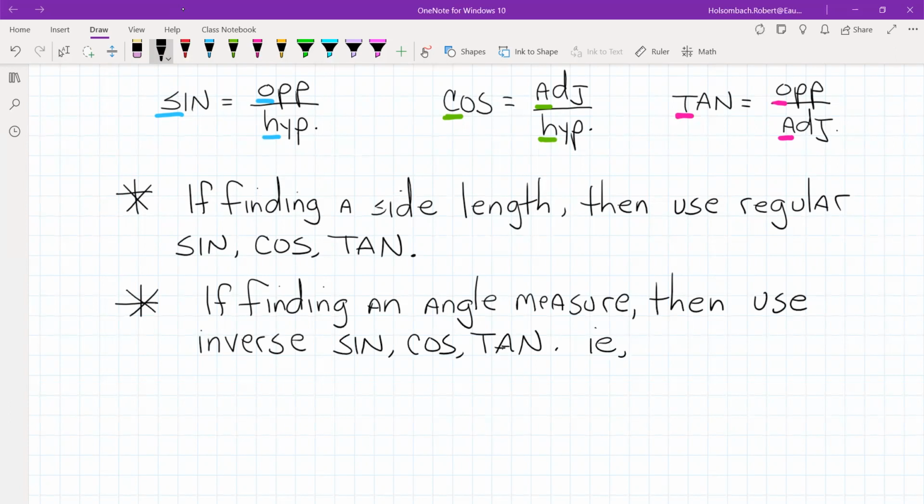I.e., the inverse sine, cosine, and tangent is when you push the second button first, because the function you're using is this. And by pushing the second button, you engage the inverse function of sine.